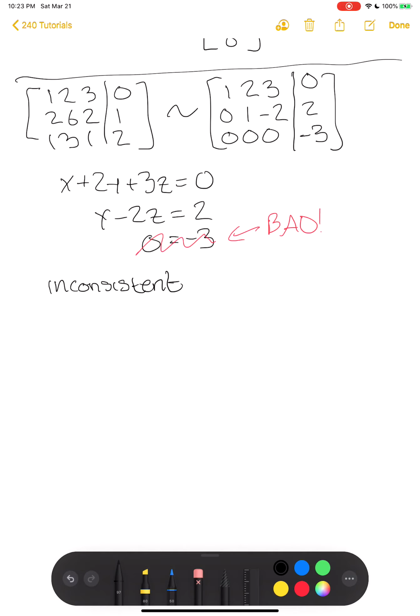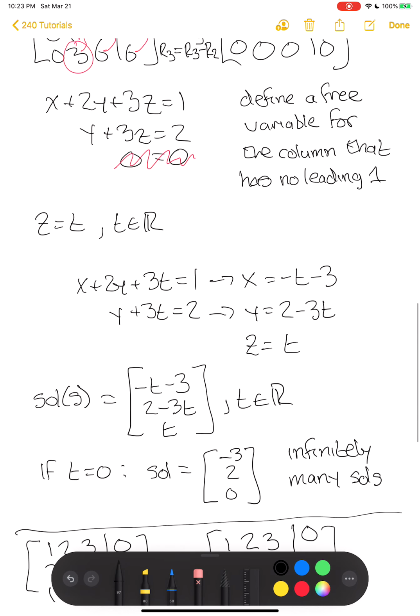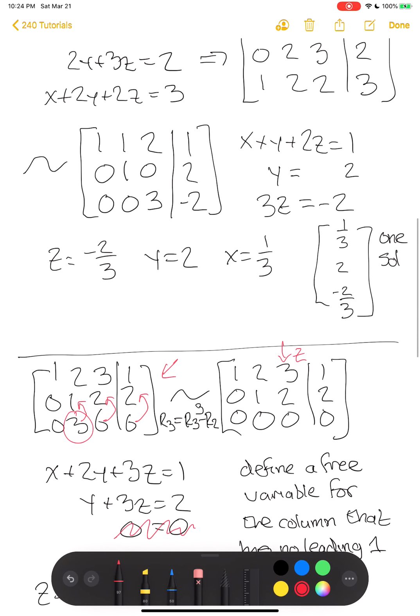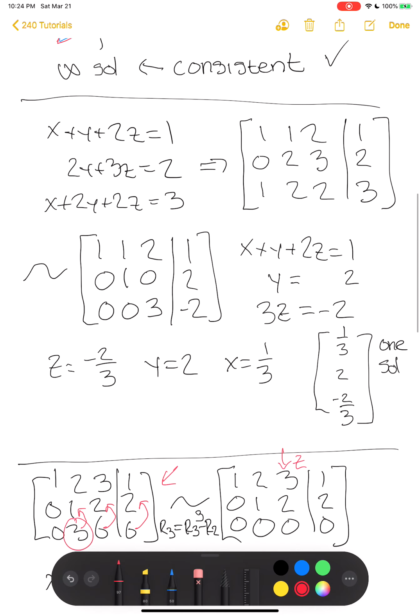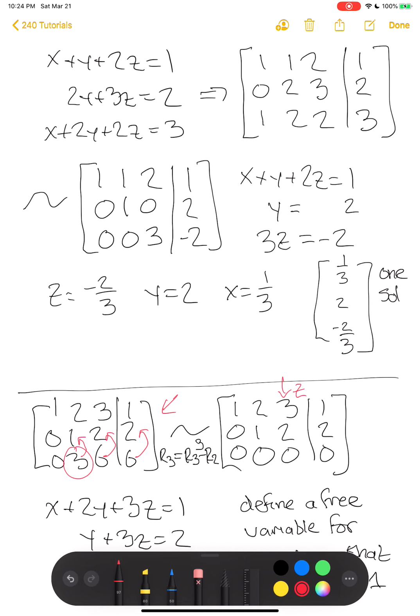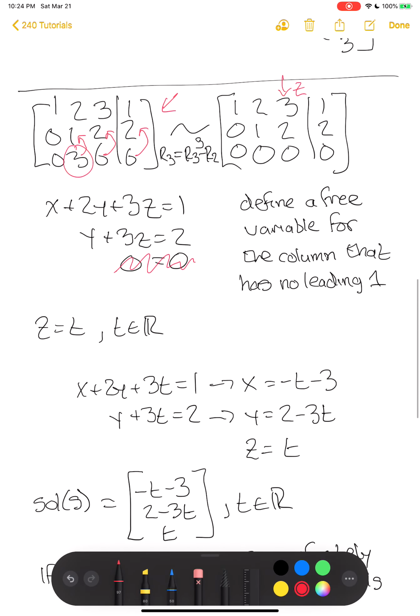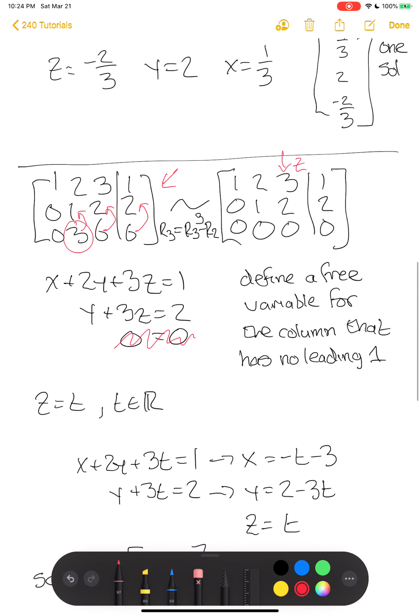Okay, so you might have noticed a little bit of a pattern, or rather, what about the row-reduced matrix at the very end makes it consistent versus inconsistent. You might notice, for instance, that we had an entire row of zeros at the end, right?